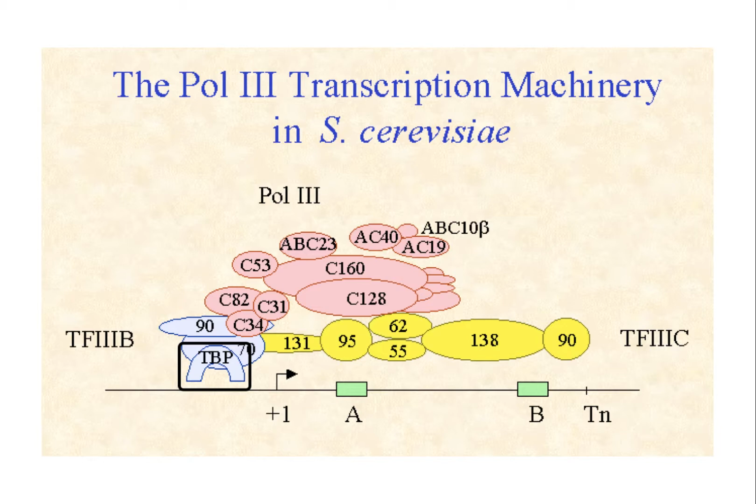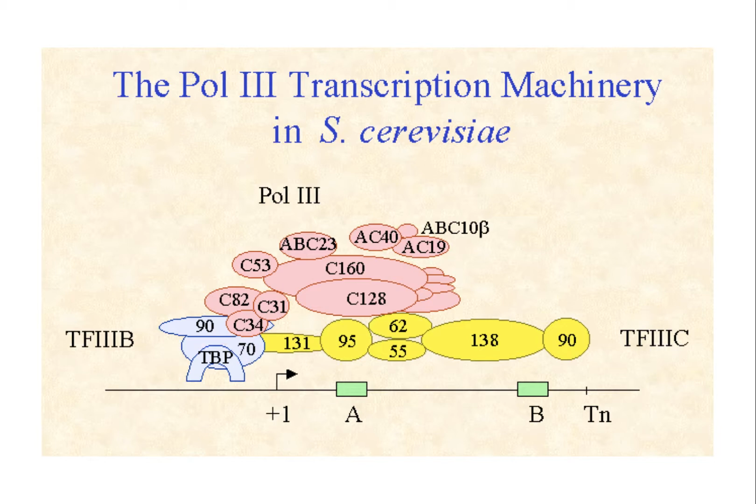Now, TATA binding proteins are known in mRNA genes. There's a TATA site that's an AT-rich region that the TATA binding protein binds to. In tRNAs, there is no TATA site, but they still have the TATA binding protein, indicating that it preceded the TATA site in the mRNA and was there probably a lot longer in the past, probably 4 billion years ago.